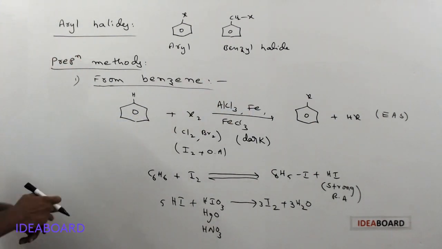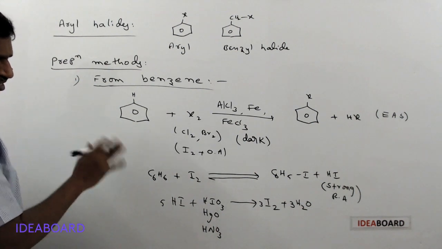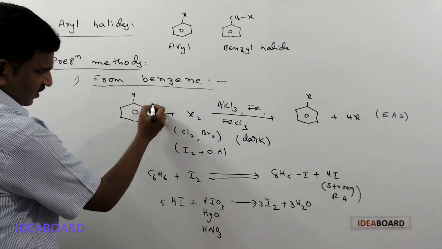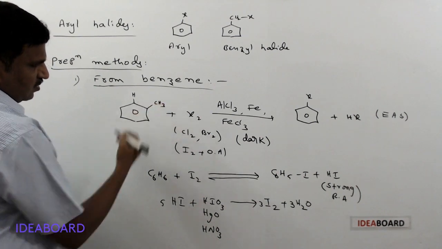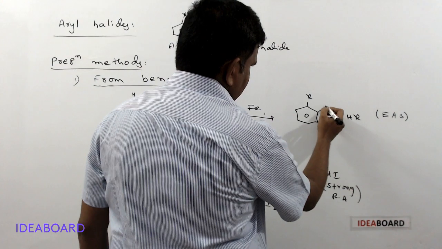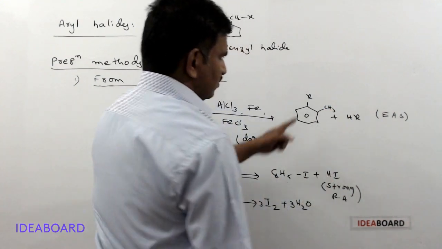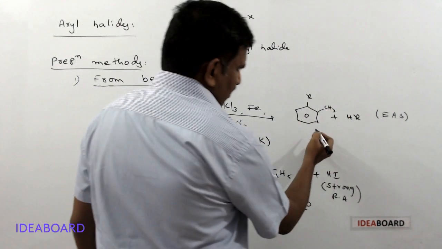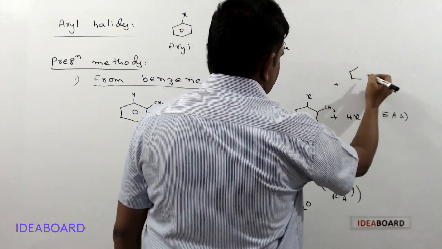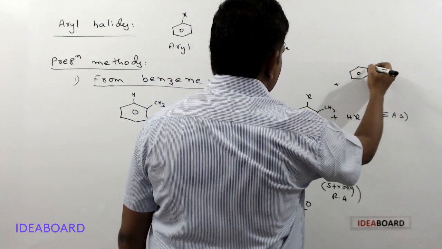Okay, for example, please remember, this is not a direct halobenzene preparation. If they are giving a methyl group here, then we get ortho-halo compound, and the other product is para-halo compound also.